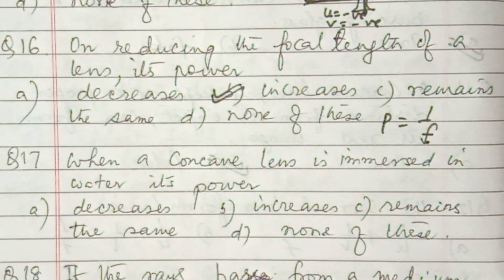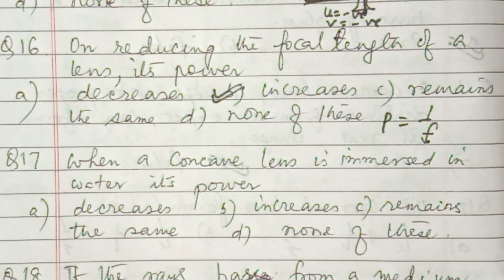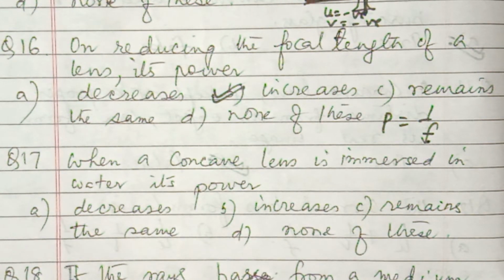Next question, question 17. When a concave lens is immersed in water, its power decreases, increases, remains the same, none of this.